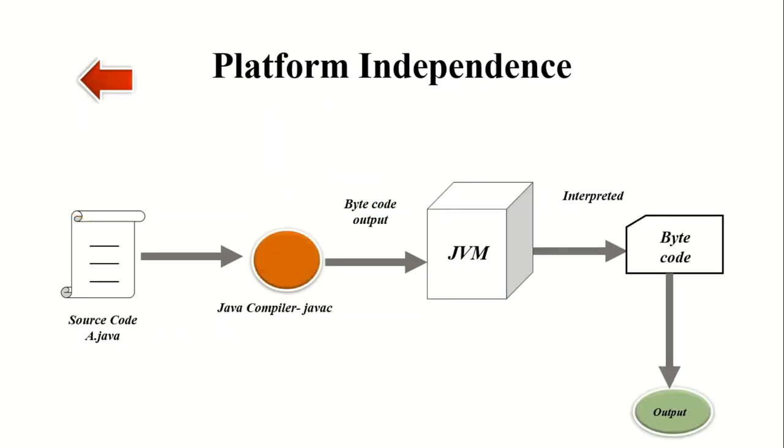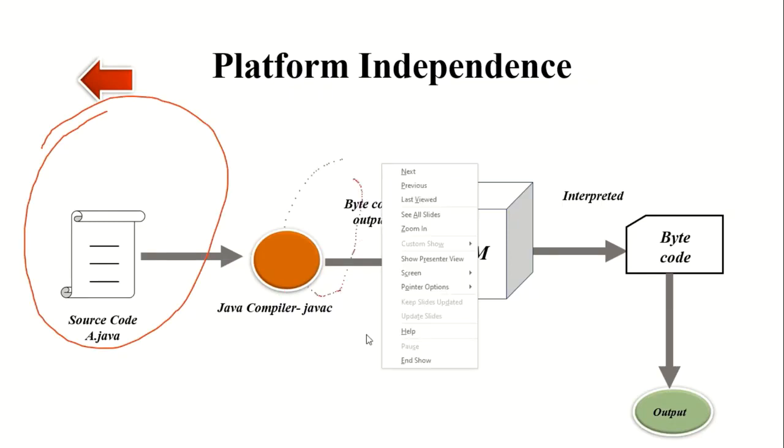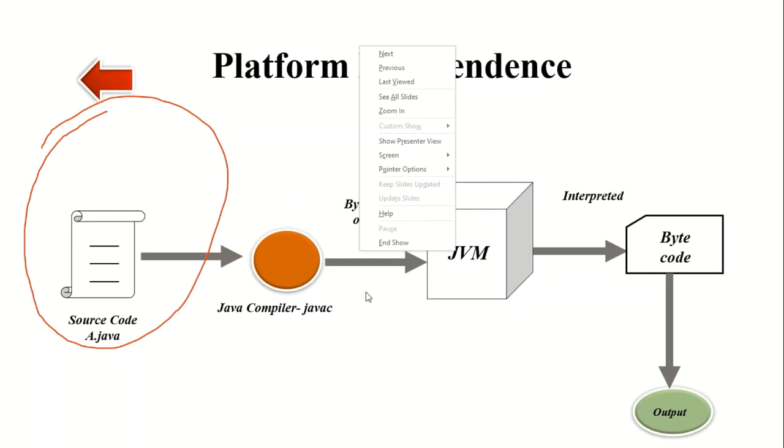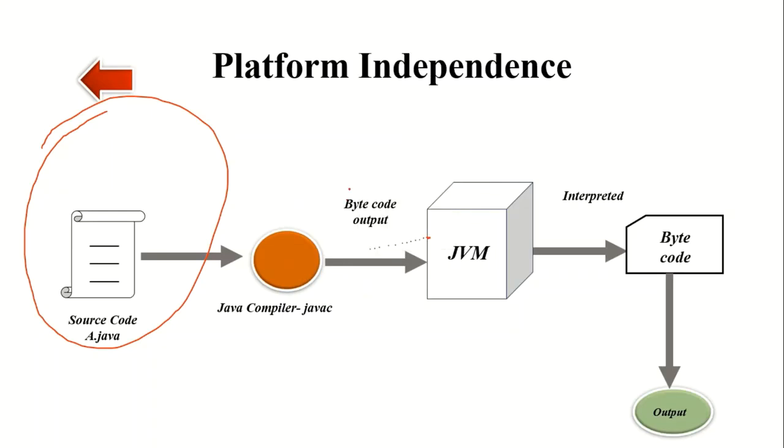Now, in case of Java, the main advantage is that if a .java source code is written, then after compilation we will get a particular bytecode with a .class extension. Say this bytecode is generated for the Windows operating system.